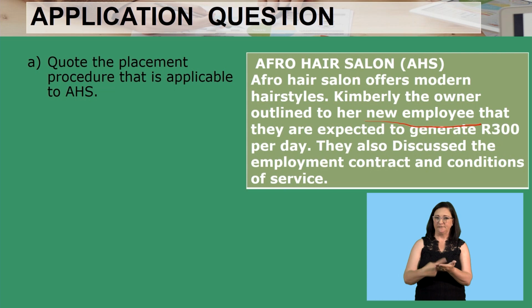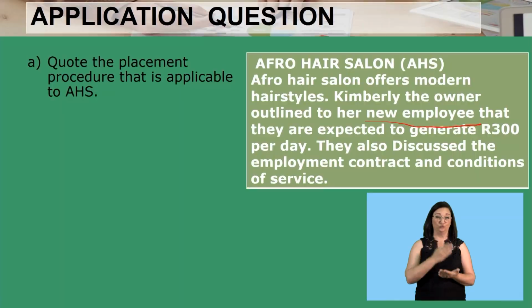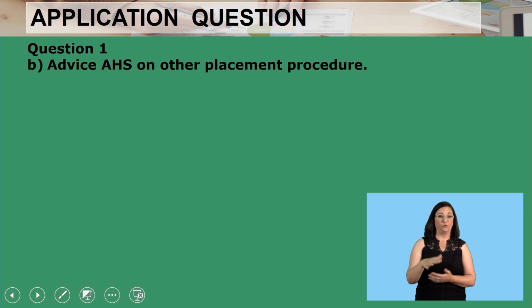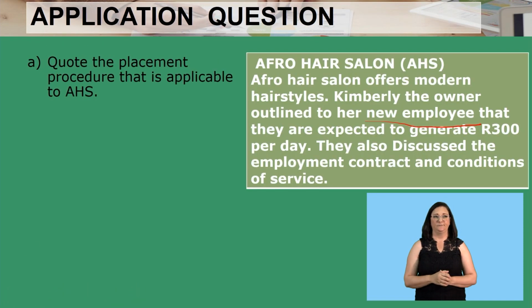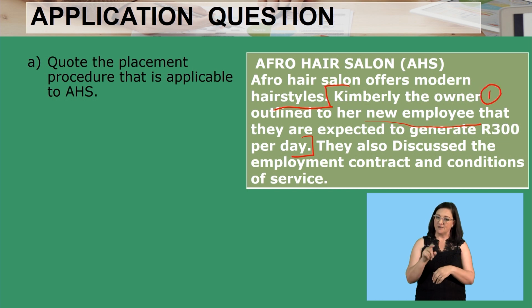I'm sure you've already identified the placement procedures applicable in this scenario. Okay, let's now do the solutions. Quoting the placement procedure, the first one, remember we said when you're quoting, we take it word for word. So Kimberly, the owner, outlined to her new employee that they are expected to generate 300 rand per day. That is the first one.